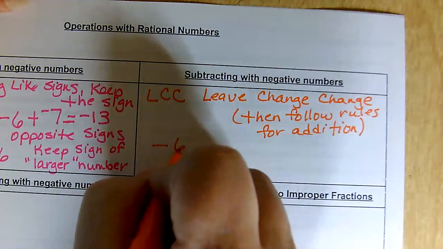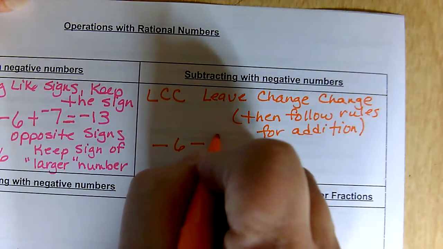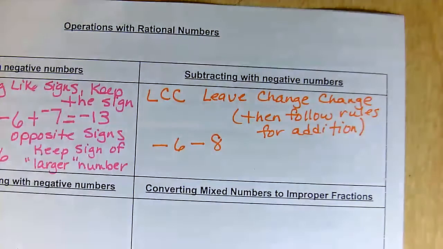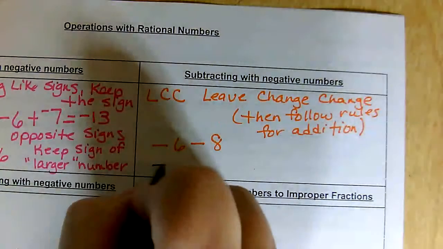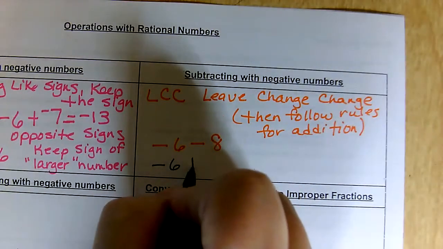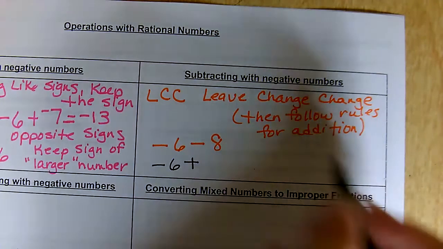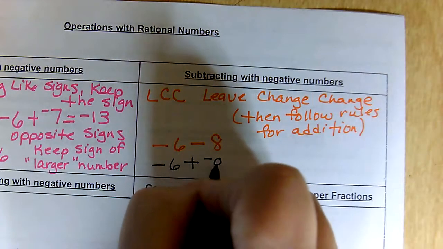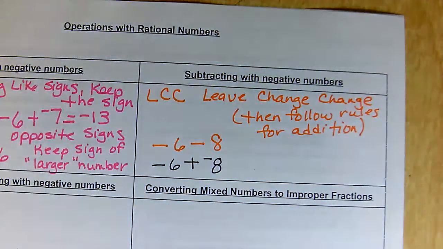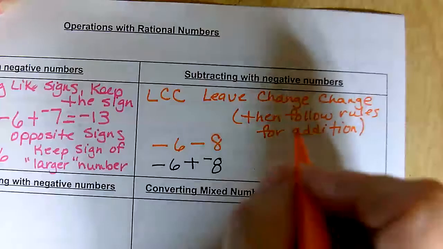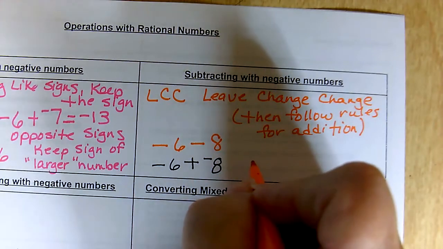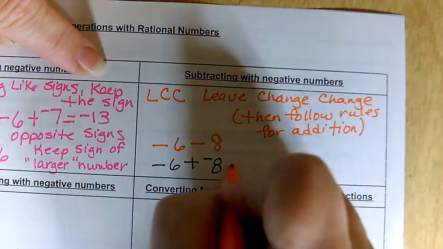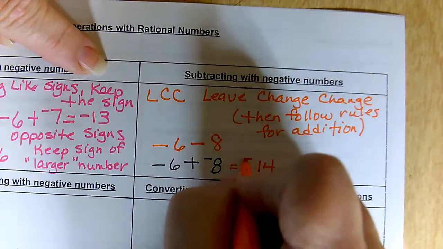So we've got negative 6 minus 8. You would keep the negative 6, change the minus to a plus, and change the sign of the next number. Then you're back to negative 6 plus a negative 8. It's the same sign, so you just add and keep the sign.